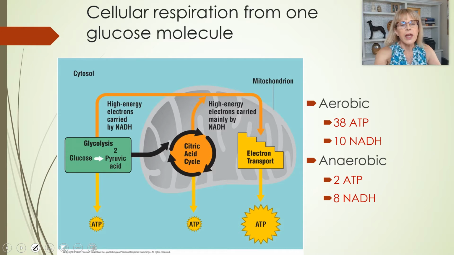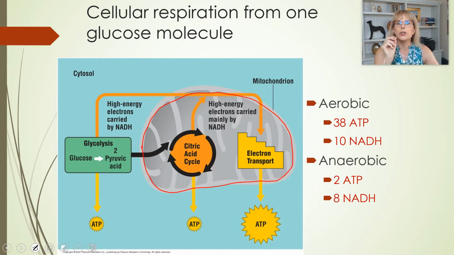So then we have got this gray thing. This gray thing is the mitochondrion. And the mitochondrion is where two of the three steps of cellular respiration happen. Step 2 is the citric acid cycle, also called the Krebs cycle. And step 3 is the electron transport chain.